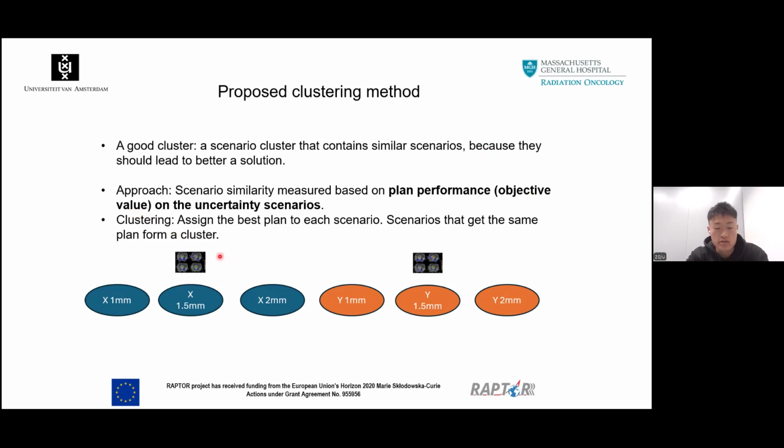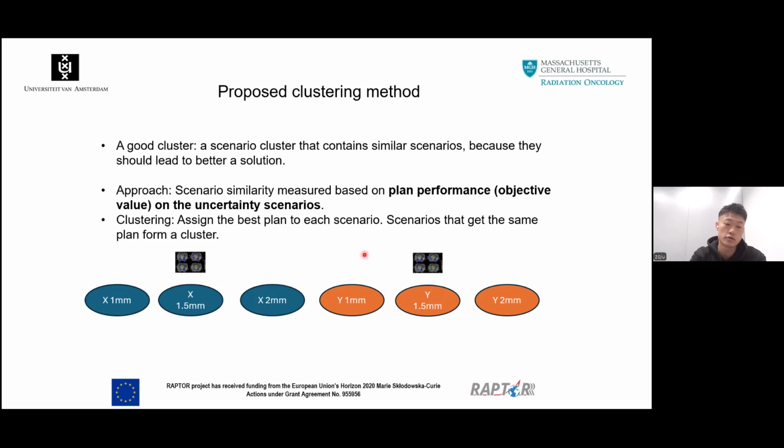So let me give you an example. Here, let's say I have 6 scenarios, and those blue scenarios represent a shift in the X direction. So I have 1 millimeter shift, 1.5, 2 millimeters, and the orange scenarios represent a shift in the Y direction. And then for X 1.5, I create a treatment plan. For Y 1.5, I create a treatment plan. Then I do the assignment.